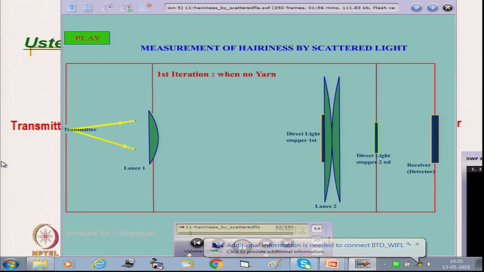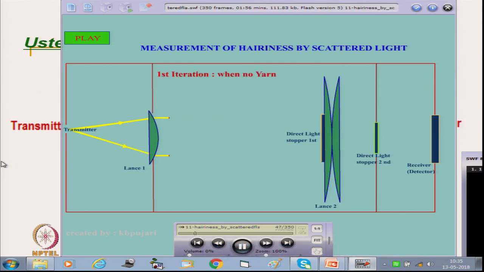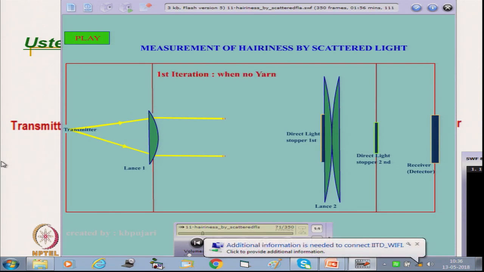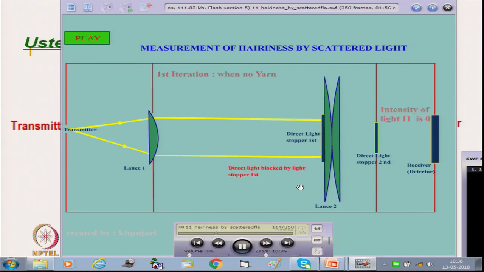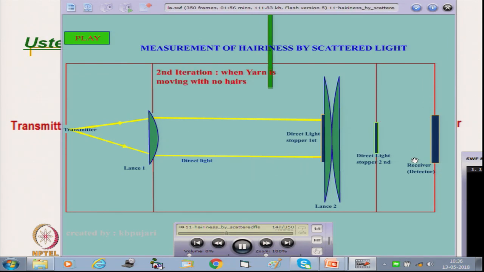The light falls on this lens and is converted to parallel light, and the direct light will be stopped here. So the transmitted intensity is 0; there is no light coming here.